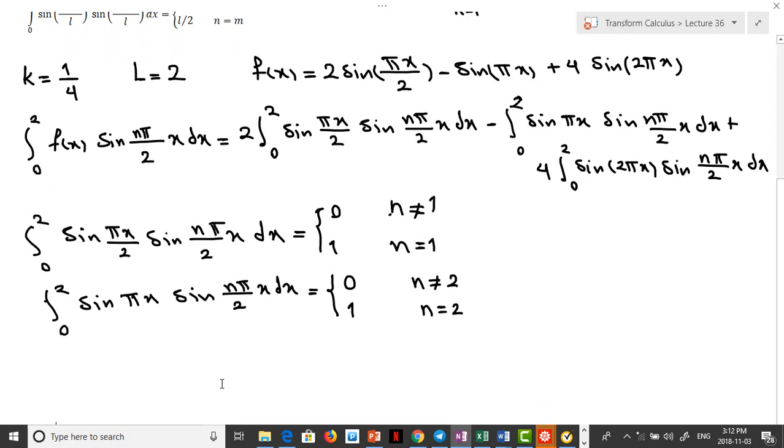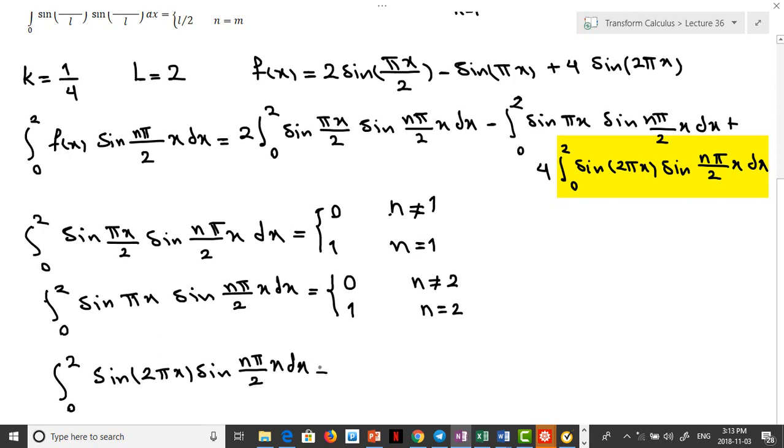In the third integral, we have the integral from 0 to 2 of sin(2πx) sin(nπx/2) dx.